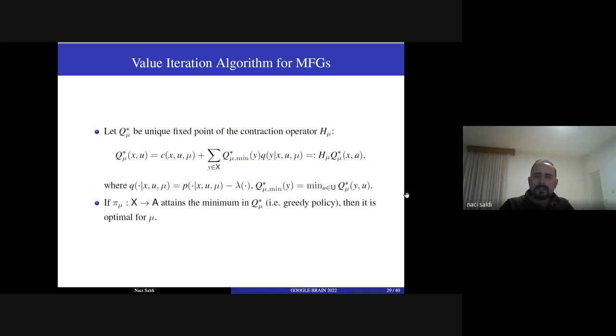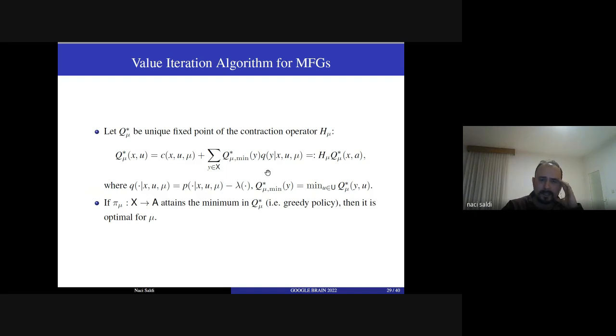And again, before I describe our mean field equilibrium operator, let me explain how we can compute the optimal policy for any mean field term mu. Again, we define a Q function, which is a fixed point of the following operator.